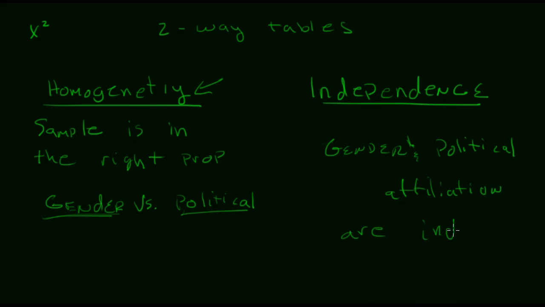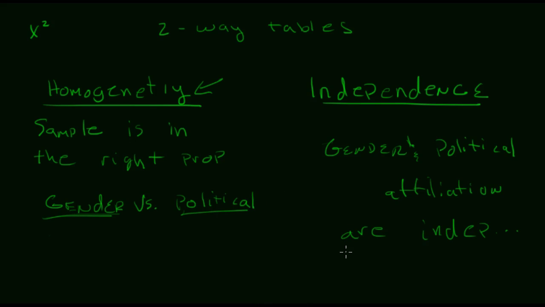Because it would appear that gender is not influencing political affiliation, and I don't know how it would happen that political affiliation would influence gender, but these two indicators are independent. So if the sample shows a certain level of homogeneity, then it also shows that the two characteristics are independent. This is like two ways of looking at the same thing from different sides.